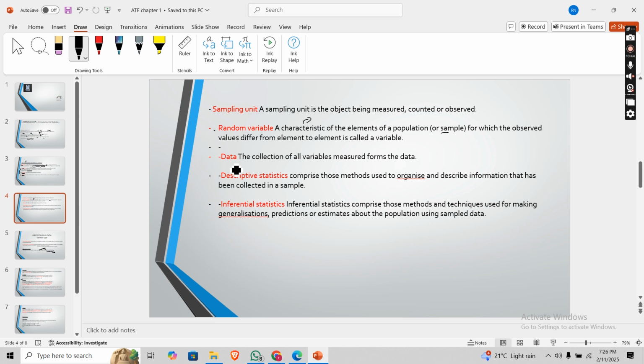Then we have data. Data is a collection of all variables measured, okay?